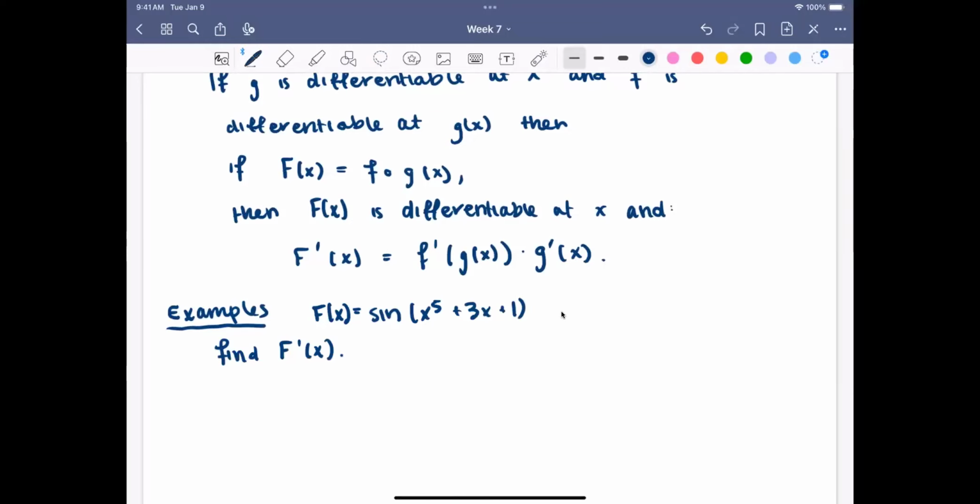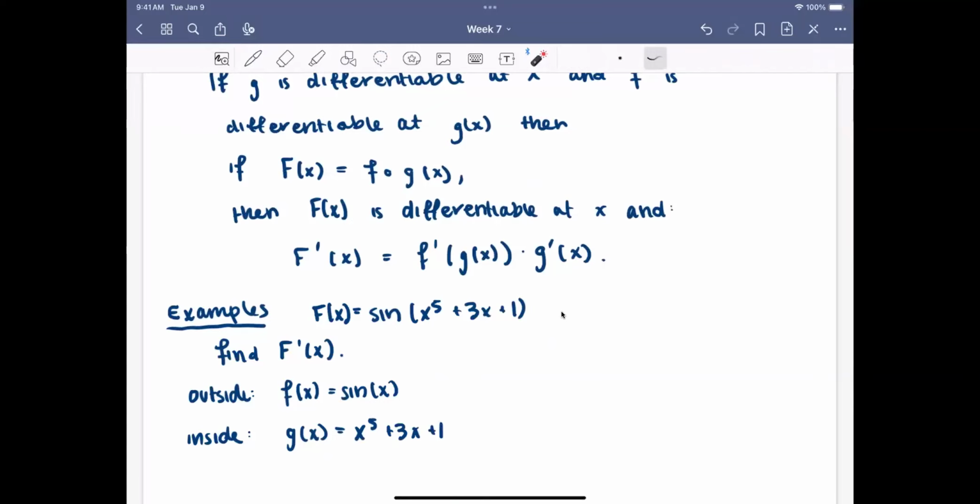So we'll have sine x as our outside function, and then the inside function will be this polynomial. So for the outside, we have sine of x, and for the inside, and let me write this out in full. So I'll call the outside function little f of x, and the inside function will be g of x, just like in the theorem statement. So x to the fifth plus 3x plus 1.